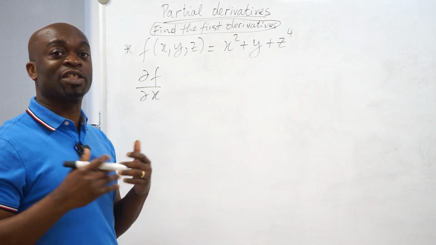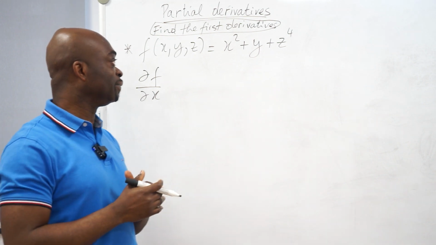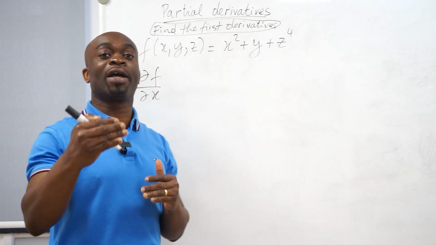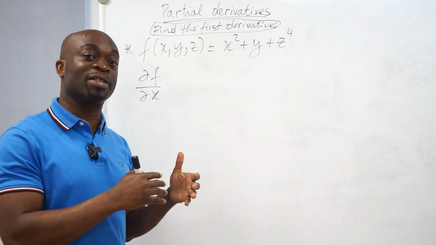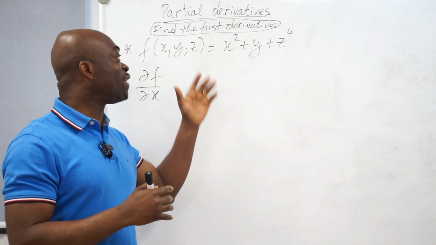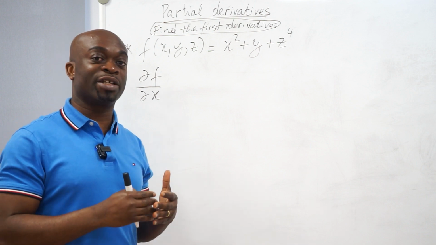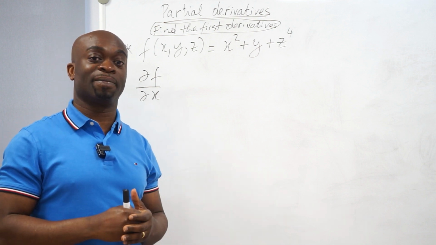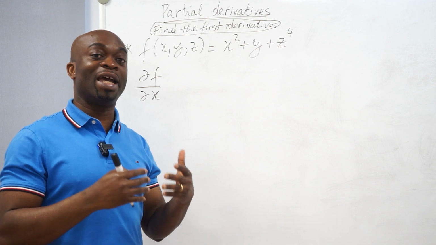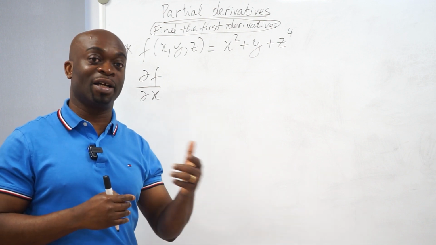With respect to x, that means if you look inside the function, you have to target x. So x is your target. Anywhere you have x, you have to work on that. Anywhere you do not have x, you're going to consider it as a constant.